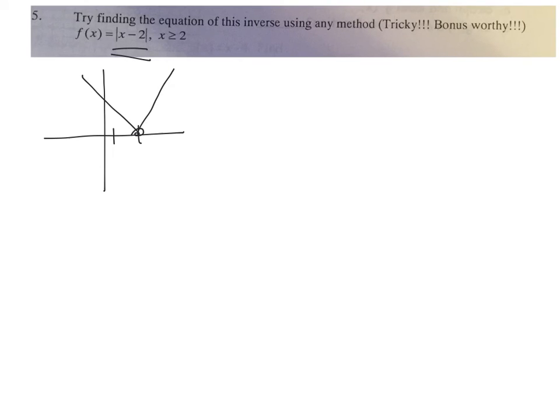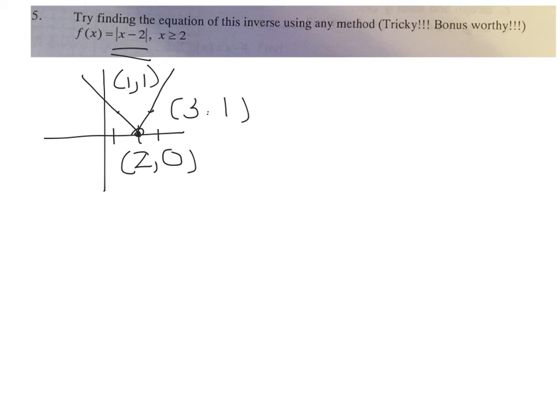So if you were to put some dots, and I apologize ahead of time because drawing on my iPad is not the easiest thing to do, but if you were to put some dots on here, this first dot down here would be (2, 0), and then right here you would have (1, 1), and then over here, you're going to have (3, 1).